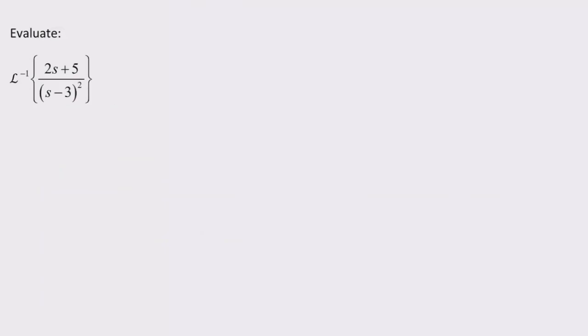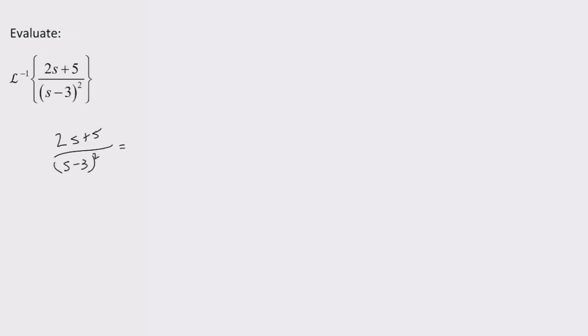All right, so my first task here is to actually figure out how to separate it into different fractions because we don't have a squared inverse Laplace. So there's nothing with s minus a number squared that gets me to convert that. But if I have it in some sort of fraction, so let's focus on that 2s plus 5 over s minus 3 squared.